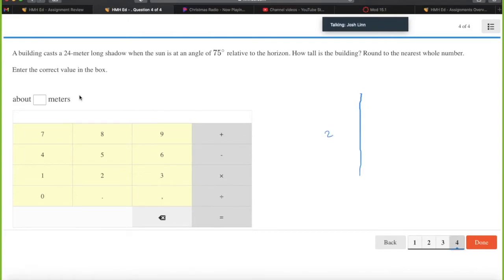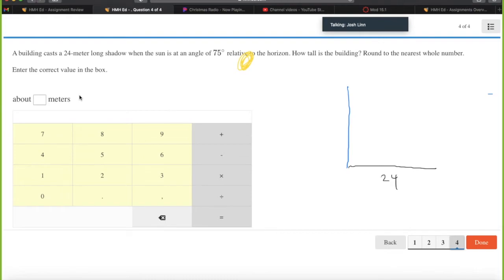Back up. We have a building that casts a shadow that is 24 meters long when the sun is at 75 degrees above the horizon.